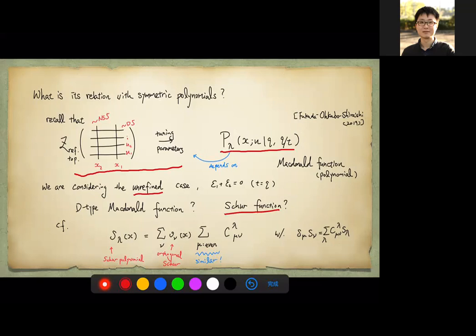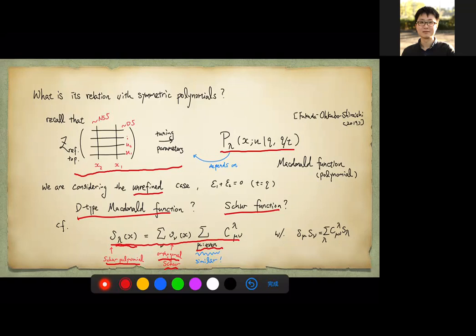I don't know. But one interesting observation is that there's this kind of formula in the textbook of Schur function saying that the Schur polynomial can actually be calculated from the orthogonal Schur polynomial, that is to say the D-type Schur polynomial, and when we take the summation to get this Schur polynomial, only the even size Young tableau shows up in the summation.